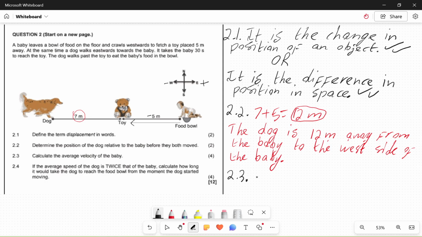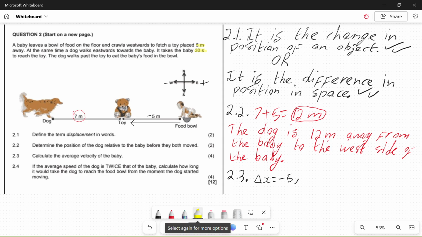So what we'll do is to say we are listing our information by saying change in x is equal to -5, and we will also look at the time. They say that it took the baby 30 seconds. So this is our information. Let me just highlight it. This is our time, 30 seconds, and this is our displacement, 5 meters, but to the west.